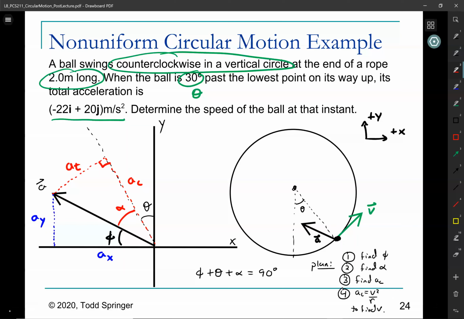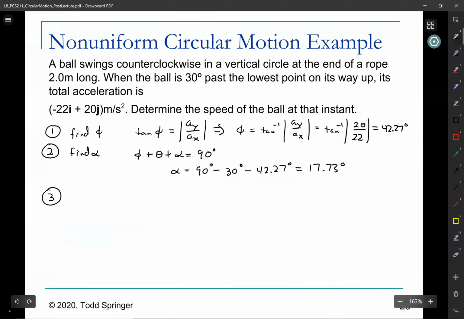So cosine of alpha is adjacent, which is AC, divided by the hypotenuse, which is A. So cosine of alpha is equal to AC divided by the magnitude A. So AC is equal to A times the cosine of alpha. I could put numbers in here, but I'm just going to wait because I want to put numbers in at the very end.